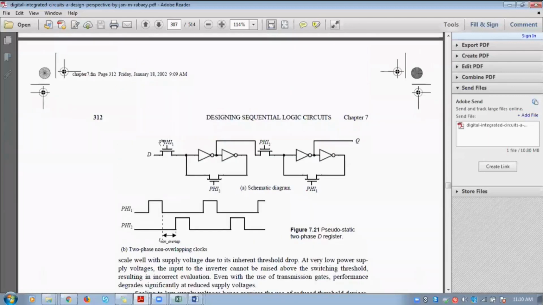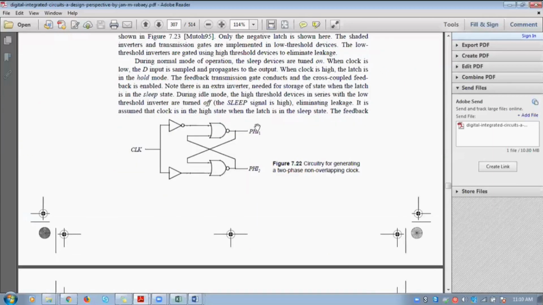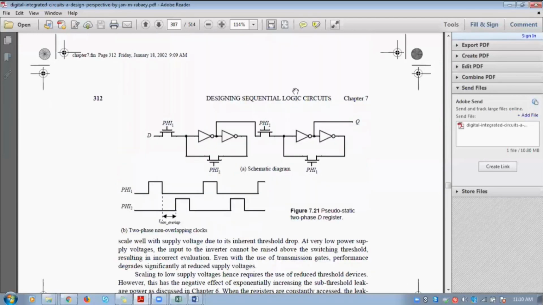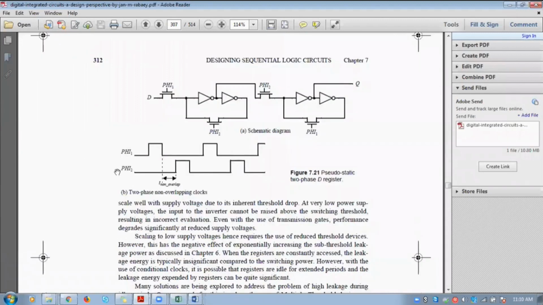If we are applying these non-overlapping phases here, as I have specified, PHI1 is an inverted clock and PHI2 is a non-inverted clock. The non-inverted clock is applied at the slave side. Then only it will be a positive latch. The inverted phase of the clock is applied at the master side. You can see in the timing diagram itself that both the clocks are non-overlapping.